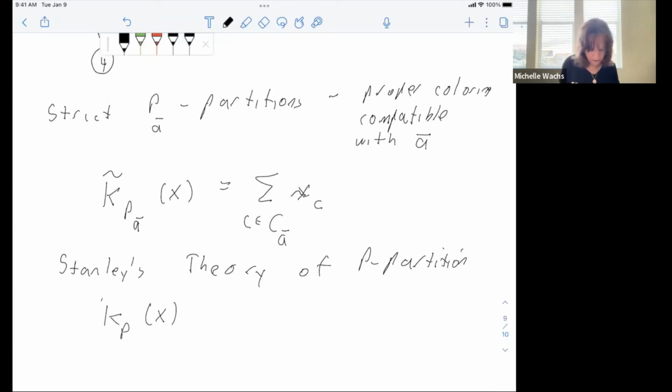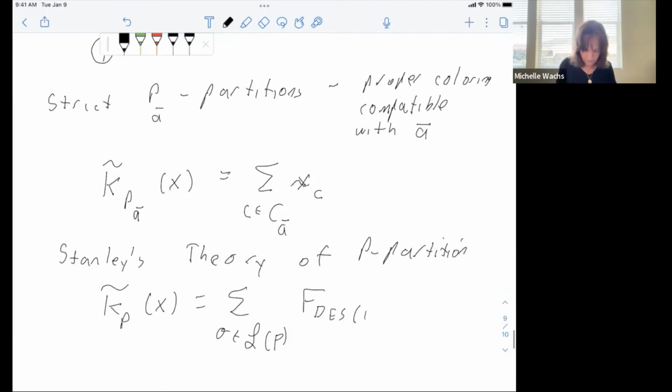You can write this generating function for strict P-partitions, where P is any poset, as the sum over all linear extensions sigma of the poset of F of the descent set of the product of U and sigma.